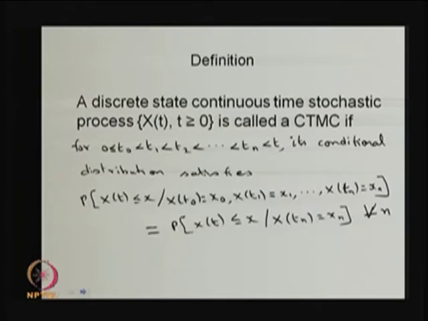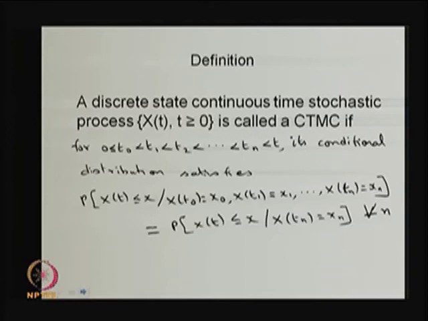And you are finding the conditional CDF of the random variable X(t), given that the other n plus 1 random variables taken at those arbitrary time points have already taken the values x0, x1 and so on till xn.